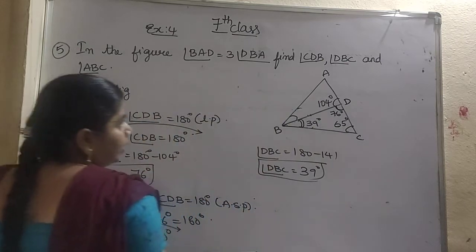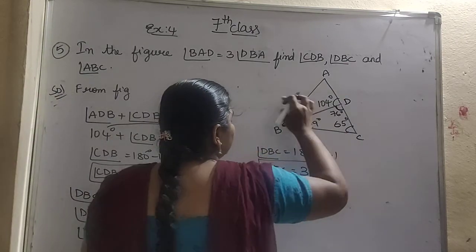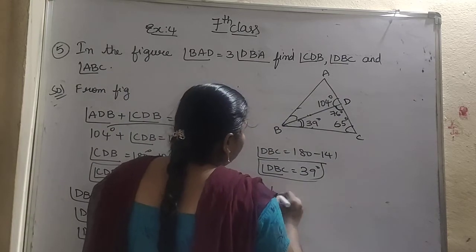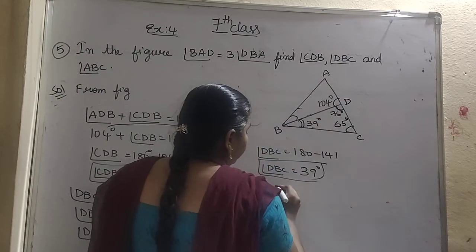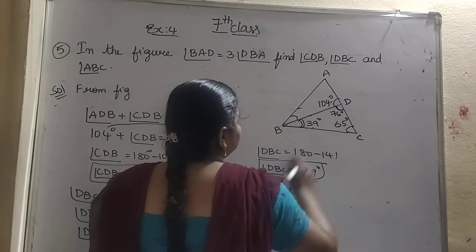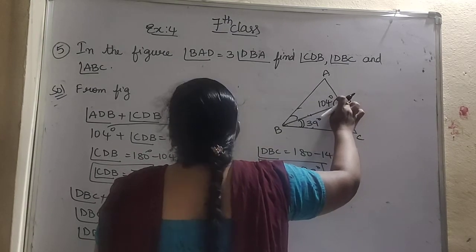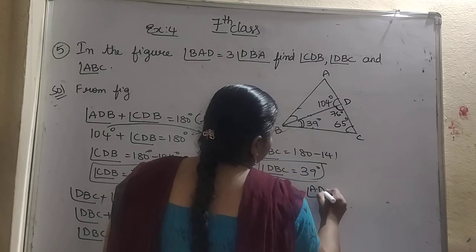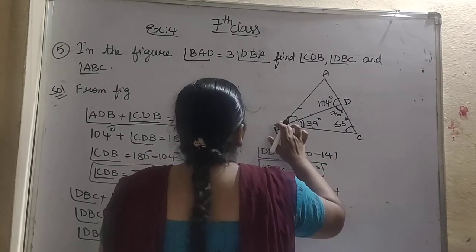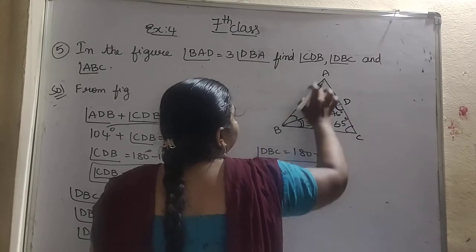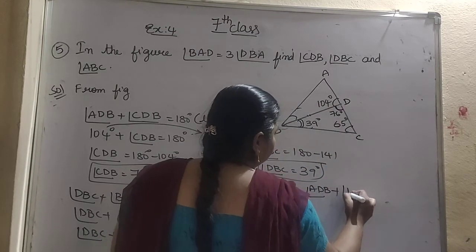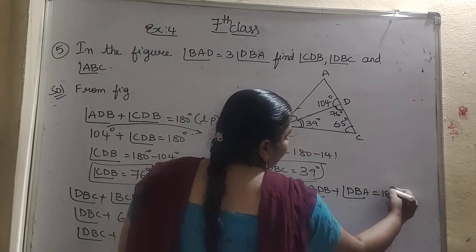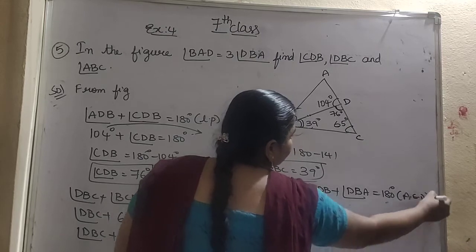So in this triangle, we can write angle A as BAD, plus angle D as ADB, and angle B as DBA, is equal to 180 degrees by the angle sum property.